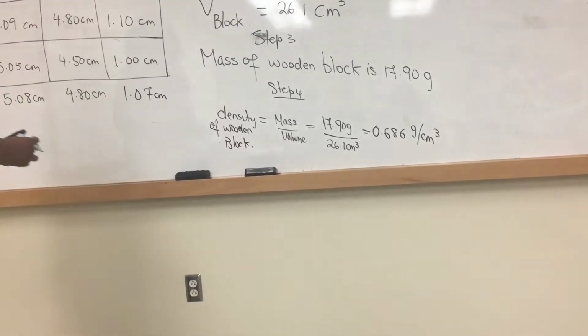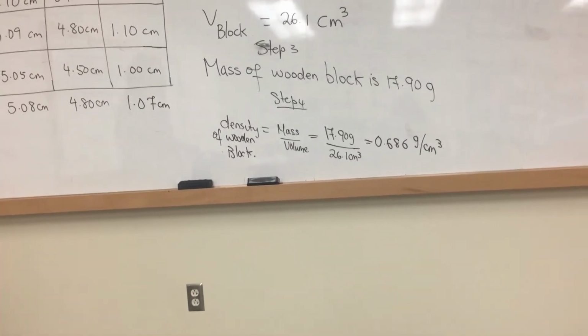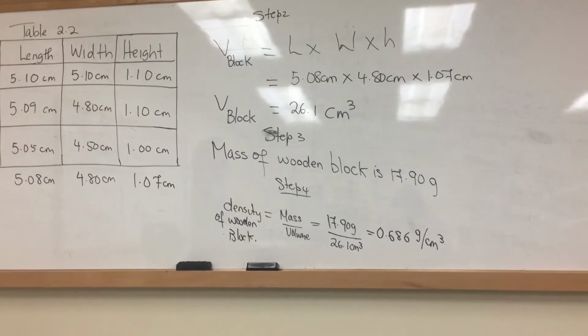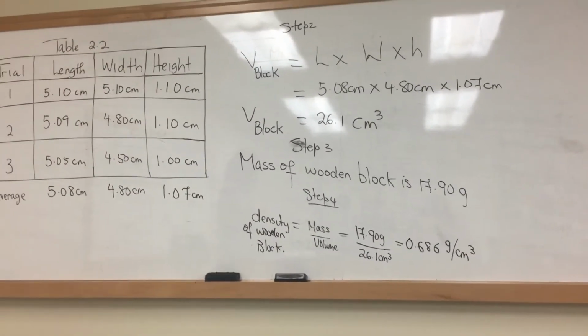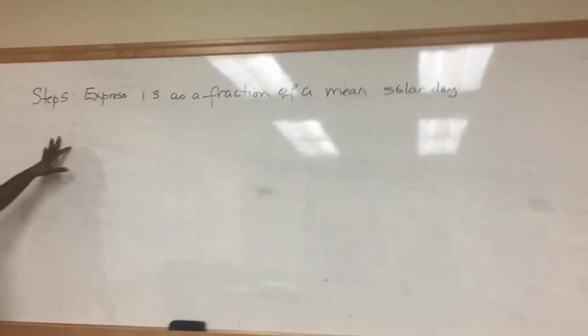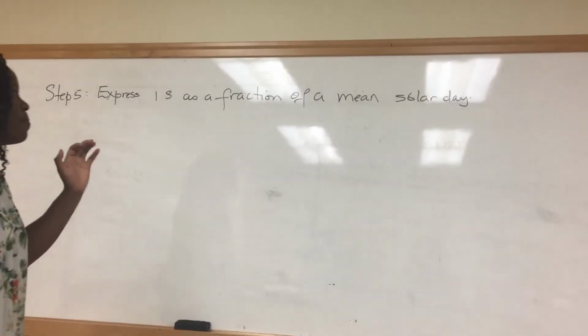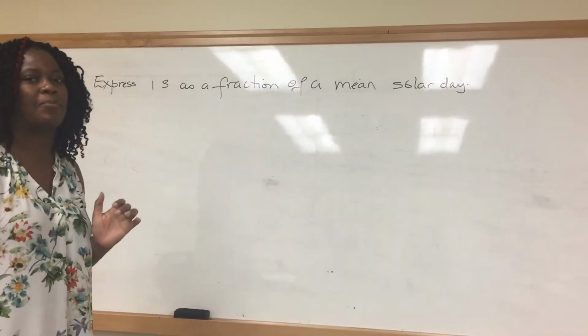All right, so we've come to the end of step 4, and we will then move into step 5. In step 5 of our experiment, we will express 1 second as a fraction of a mean solar day.